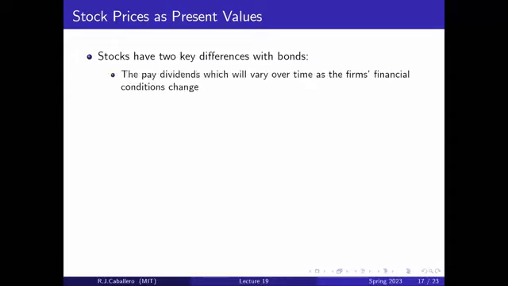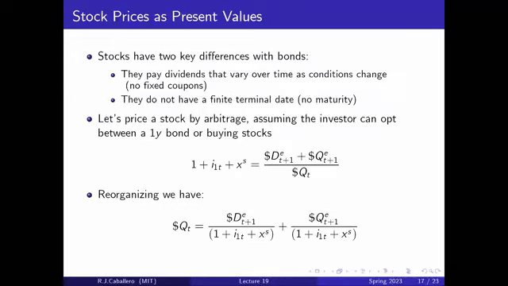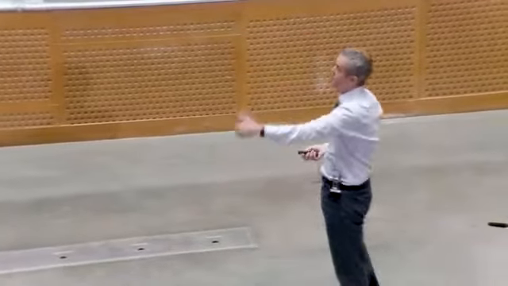Stock prices and present value, well, it's the same sort of idea. The only difference is that equities do not have maturity. Stocks do not have maturity. In principle, a company would last forever, and so there is no maturity.